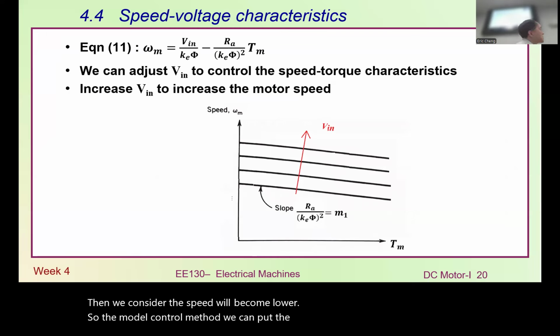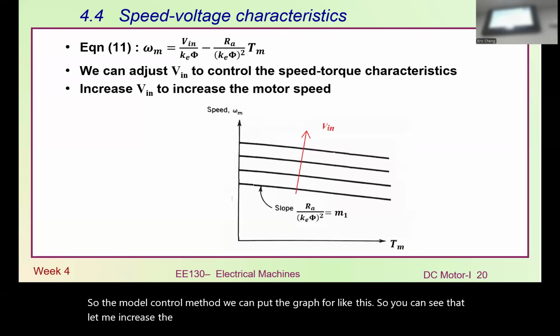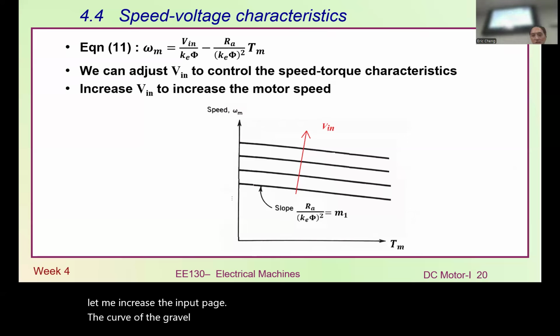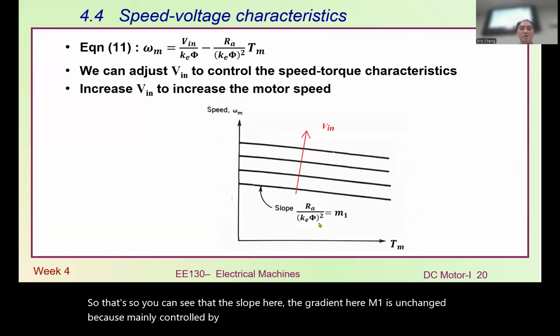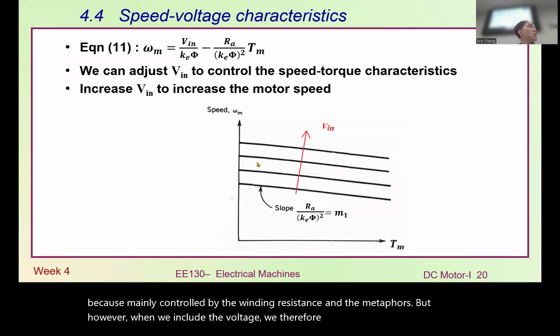When we increase the input voltage, the curve moves upward in such a way. The slope here, the gradient M1, is unchanged because it is mainly controlled by the winding resistance and the magnetic flux. However, when we increase the voltage, we also control the motor speed.